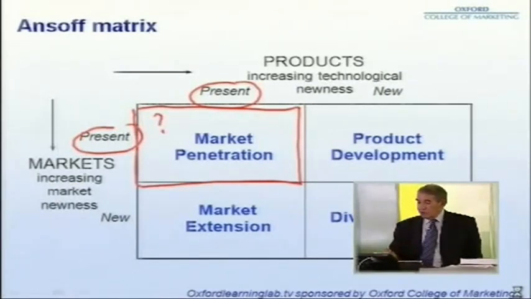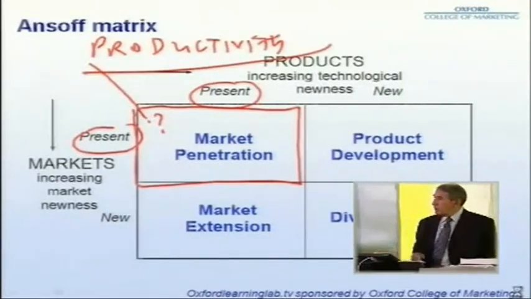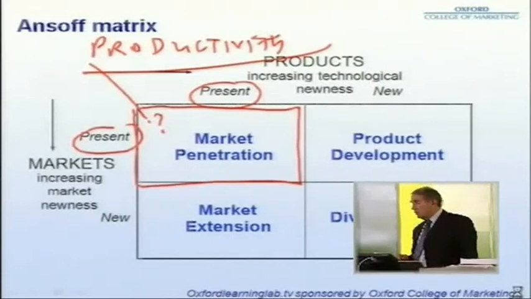So the first thing you would do is you would look at productivity, wouldn't you? You can actually make productivity improvements for the things you sell and the processes by which you sell them, and you can actually make a lot of extra money without doing anything fancy.